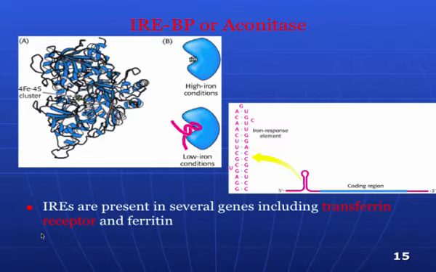We used to call them hairpins because they look like the old hairpins. This stem loop represents an iron response element. Some mRNAs have iron response elements.